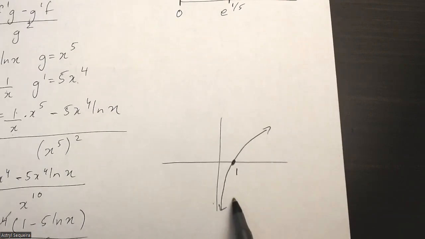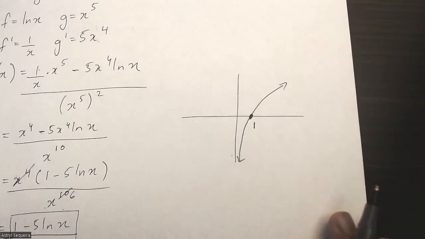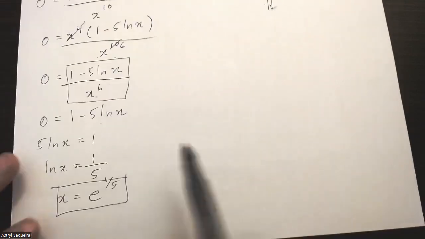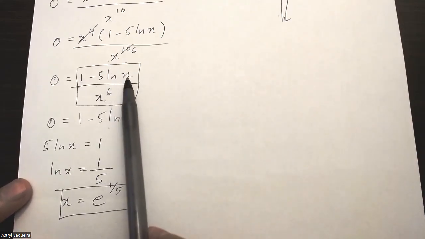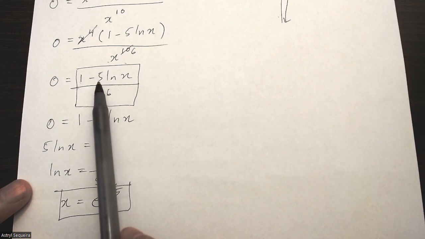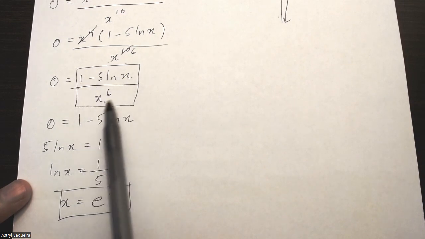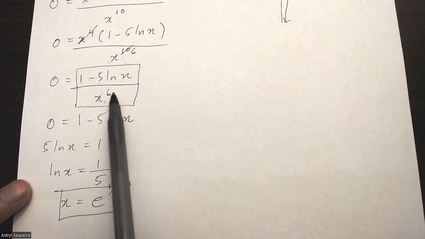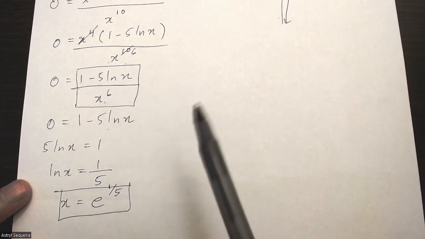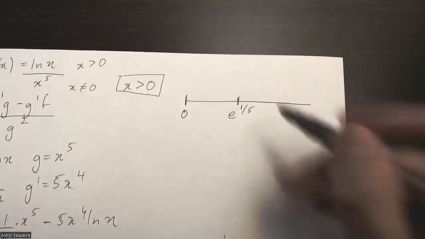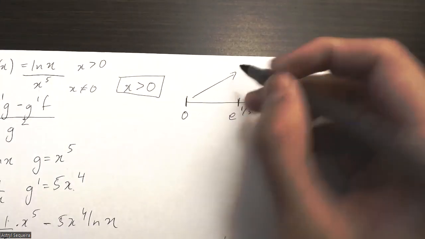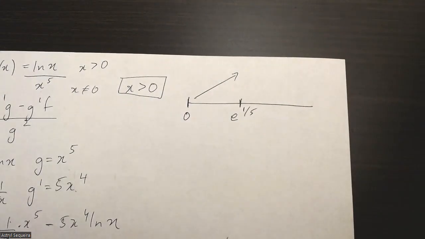So anything between 0 and 1 is going to be negative. So I know that ln of 0.1 is a negative value. Negative times negative 5 is positive. So the numerator will be positive. The denominator will definitely be positive because the exponent is 6. Positive divided by positive is positive, which means the function is increasing over here.